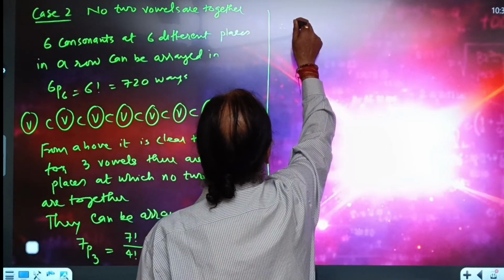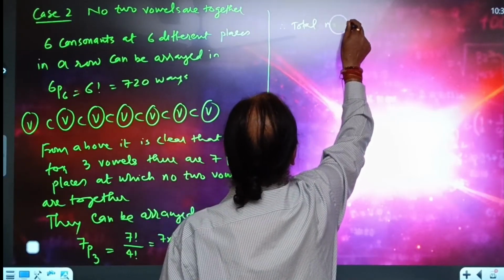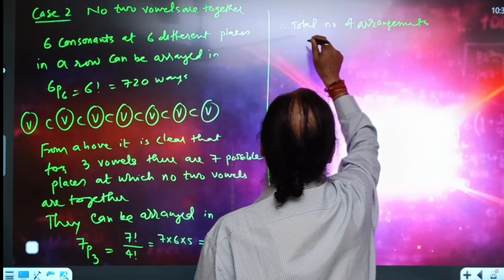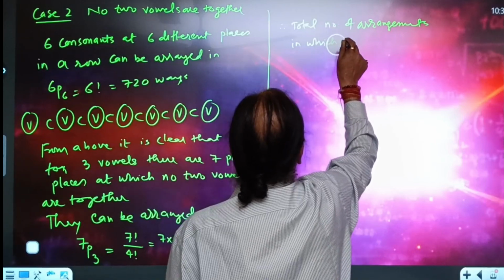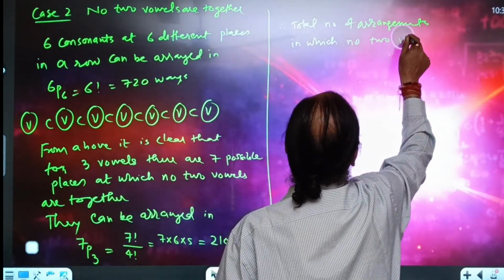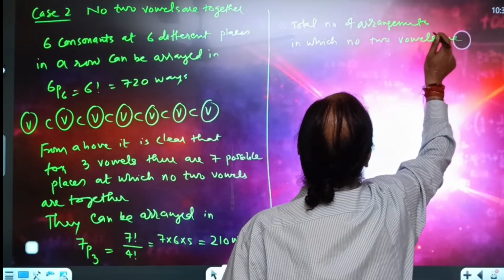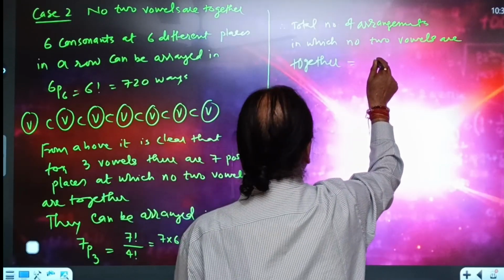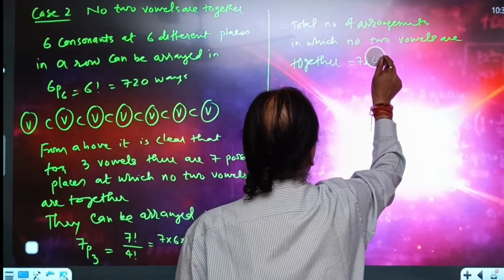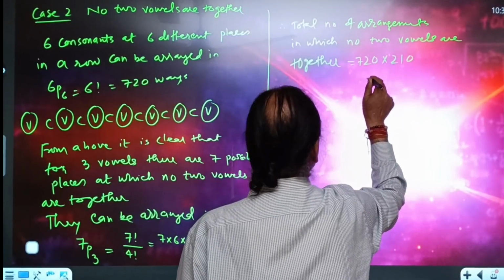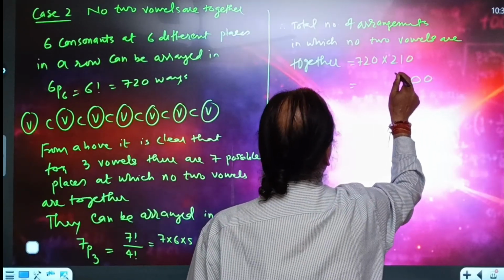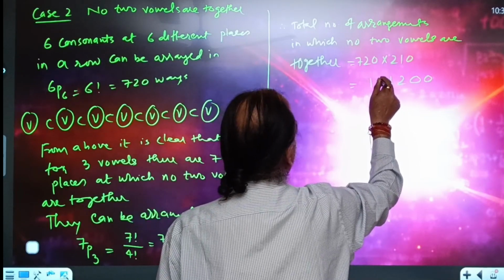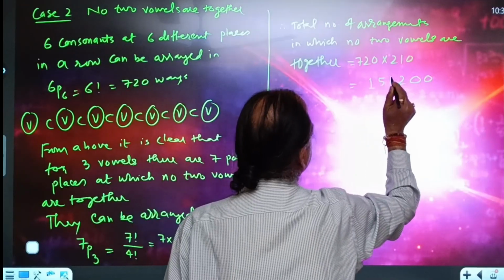Therefore, total number of arrangements in which no 2 vowels are together is equal to 720 into 210, 1,51,200 ways.